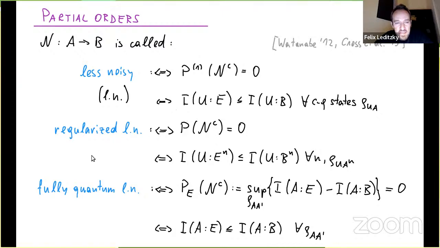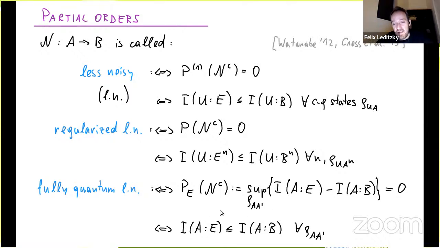And then there's a third version, which is a little newer, which is called the fully quantum less noisy order. And so here we call the channel fully quantum less noisy if you basically make this CQ state relation here fully quantum. So you now say, instead of a CQ state, I take an arbitrary bipartite quantum state. I send half of it through the channel. I look at the two mutual informations between A and the environment and A and Bob.